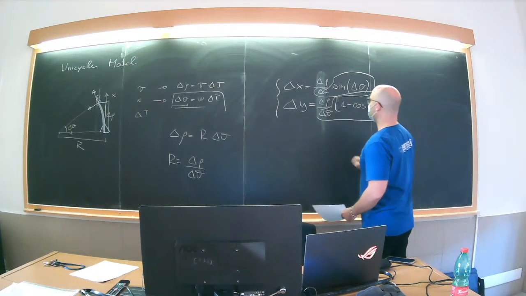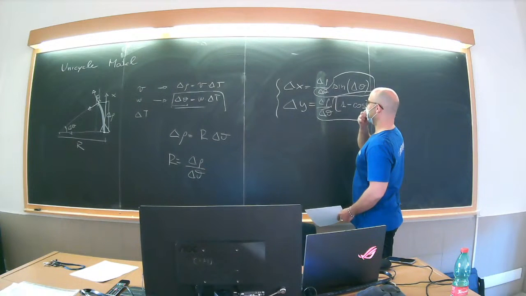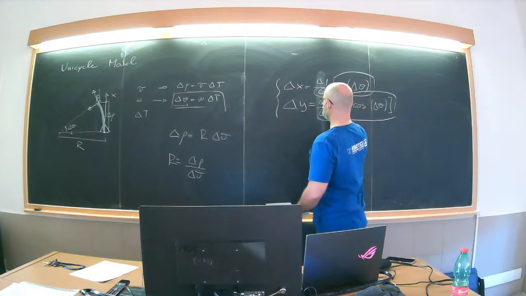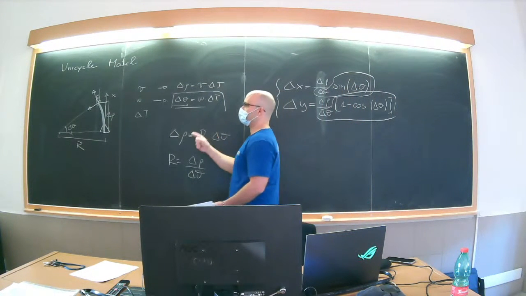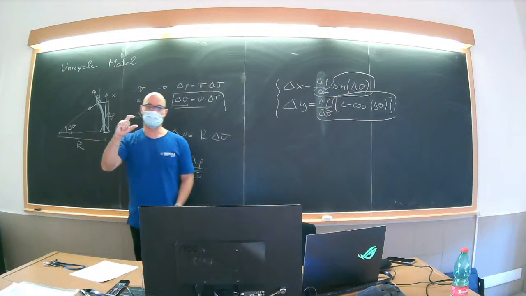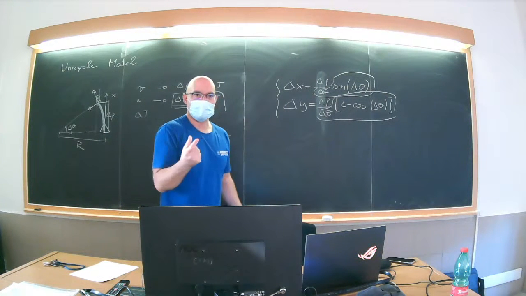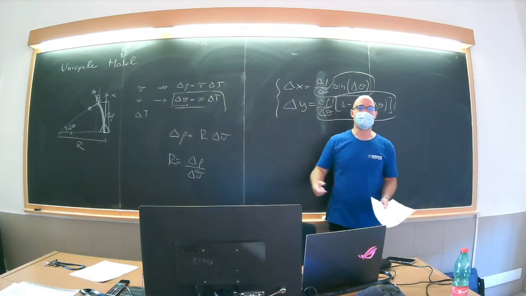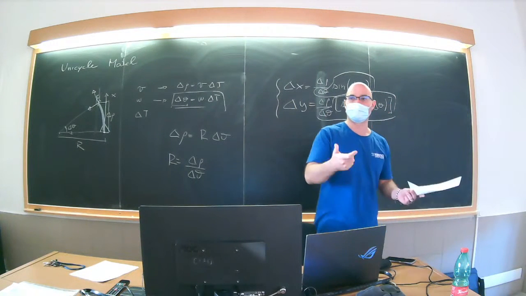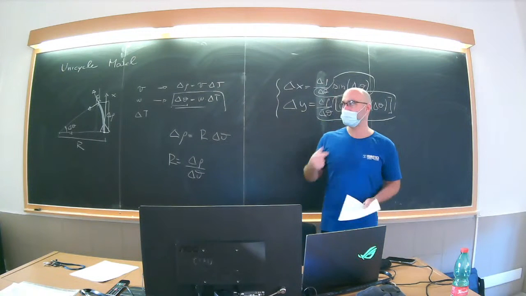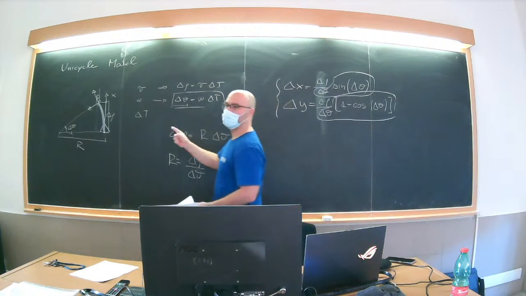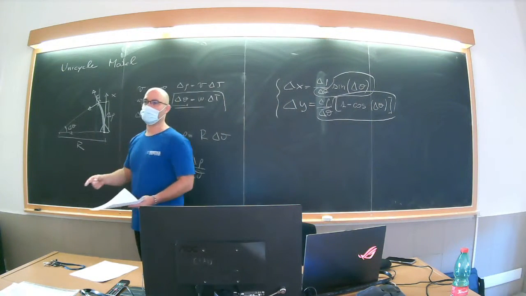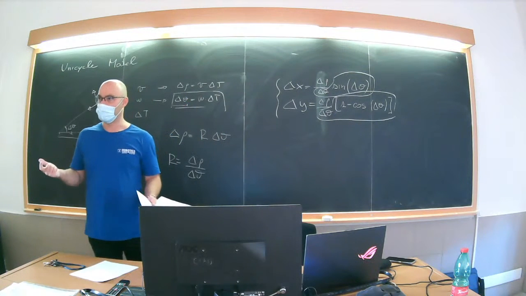What can we do? Remember also that in these systems, delta t, the integration interval, is typically very small because we are working with real-time systems that go in the order of 10 milliseconds, 5 milliseconds or so. As a consequence, being delta theta small, theta is typically also relatively small.